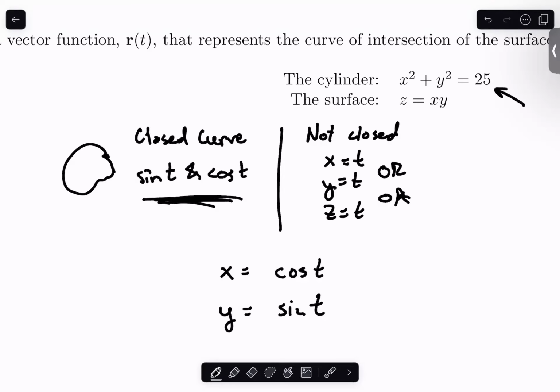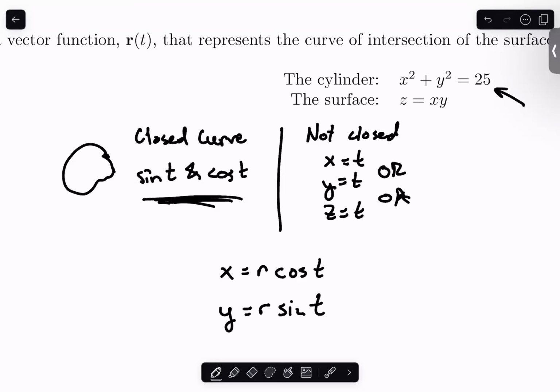Now I chose x equals cosine. I could have chosen x equals sine, by the way, but x equals cosine makes sense just because it kind of comes from our polar stuff, right? Back from calculus 2, we learned about how x, in polar, should be r cosine t and y should be r sine t, right? So it kind of makes sense to maybe have x being cosine and y being sine.